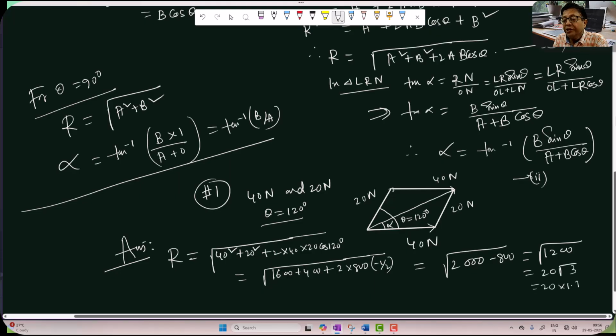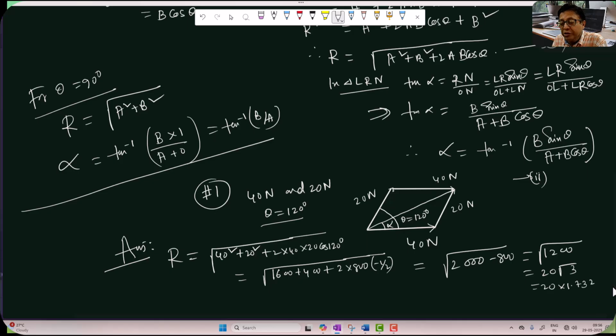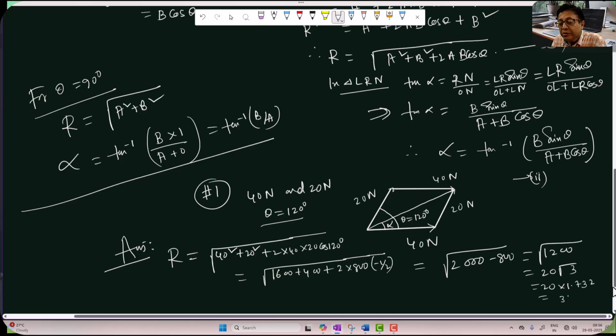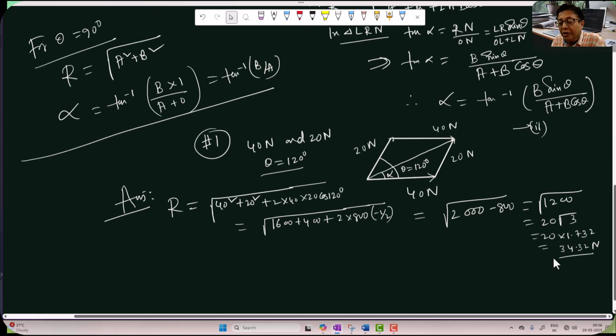So this is 20 root 3, put the value of root 3 over there, 1.732, this is going to be 34.32 Newton approx.